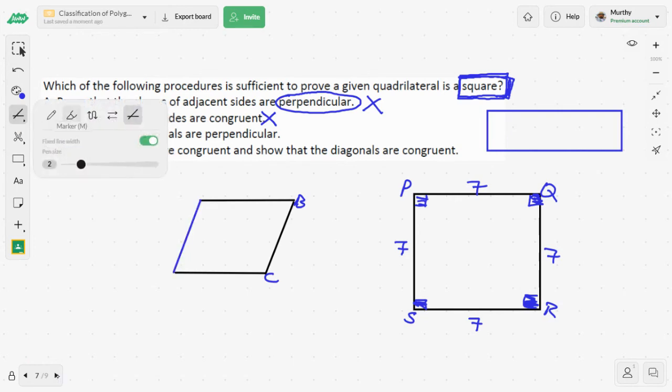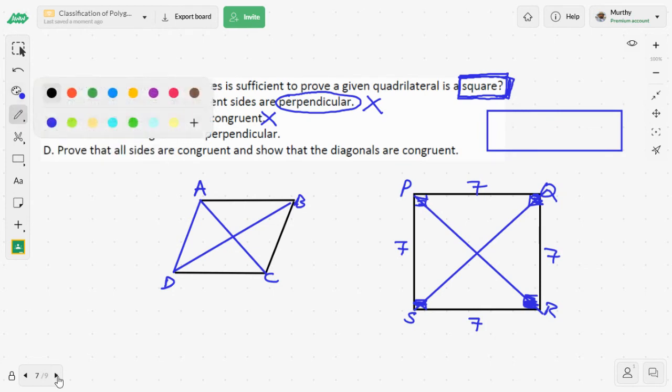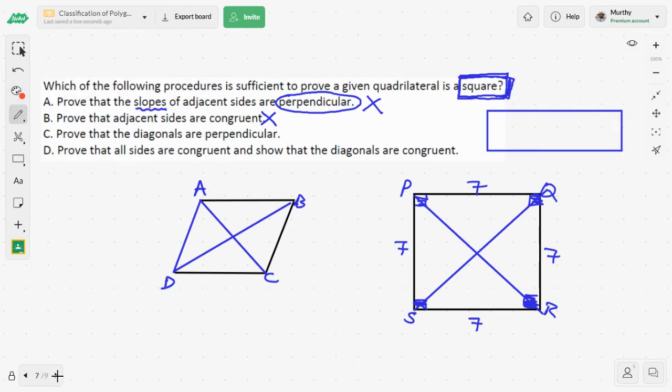So what is the difference between a rhombus and a square? In a rhombus, the diagonals bisect each other at 90 degrees, and also in a square, the diagonals bisect each other at 90 degrees. So that point is common in both square and rhombus. Therefore, this also cannot be.